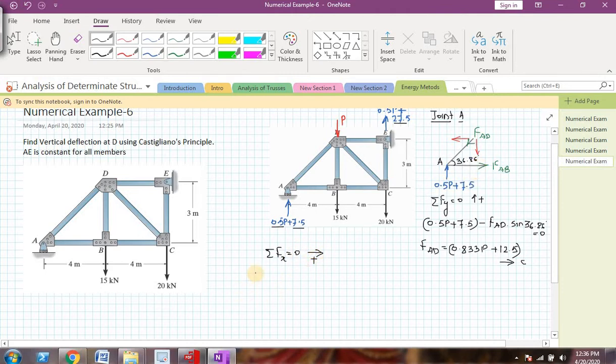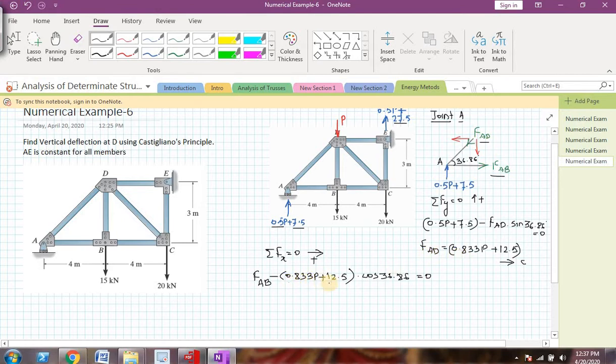For this free body diagram, I will end up with this kind of an equation, FAB positive, and it should be minus FAD cos of 36.86 equal to 0, but FAD value we already know.